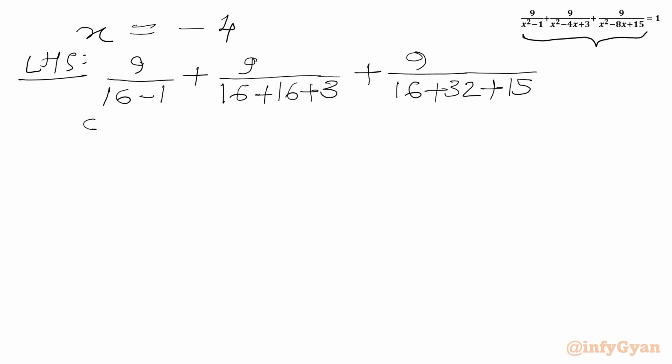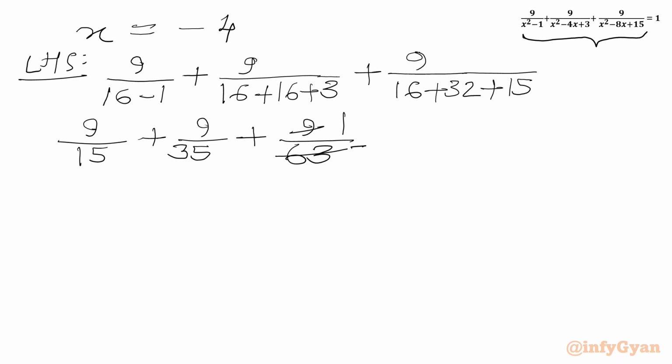So we will write 9 over 15, plus 9 over 35, plus 9 over 63, which we will cancel to 1 over 7. Now here we can write 3 over 5.